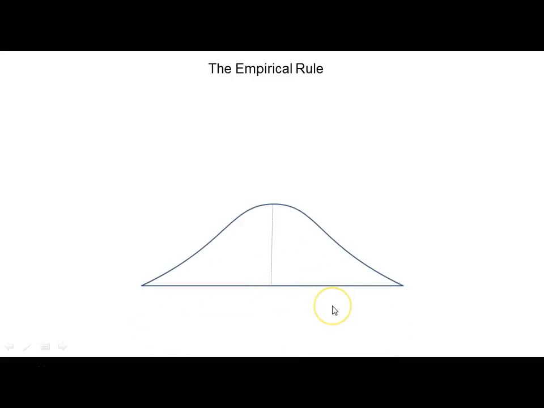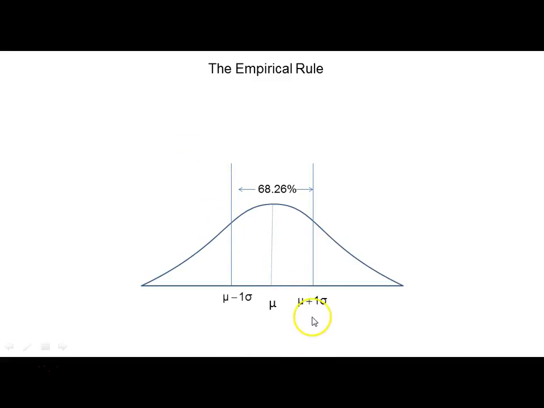Start at the mean of a normal distribution. Go up or down 1 standard deviation, and you're going to have a little over 68%. It's actually 68.26%. But for right now, you can just remember the number 68% for 1 standard deviation.